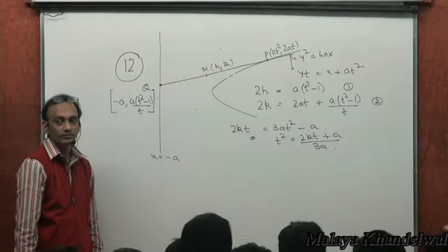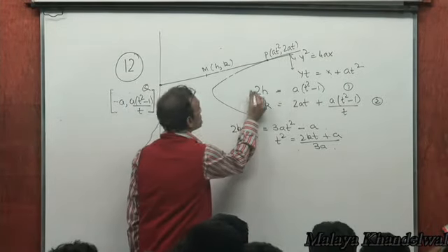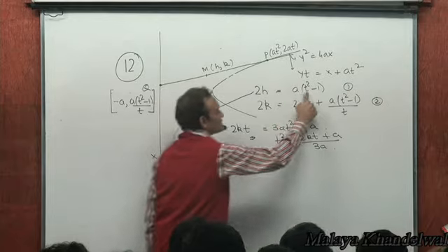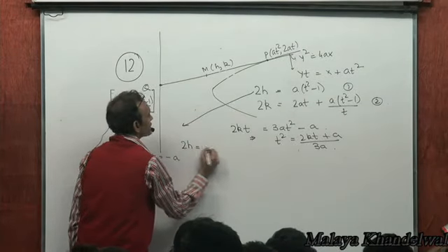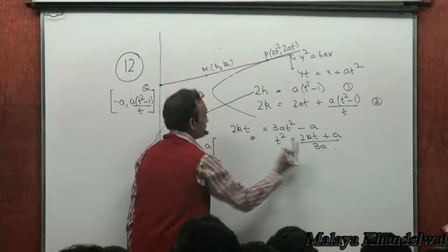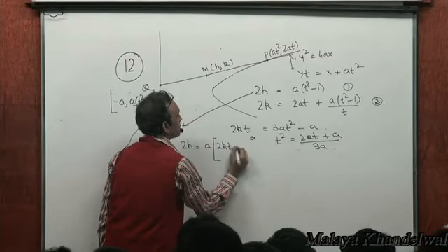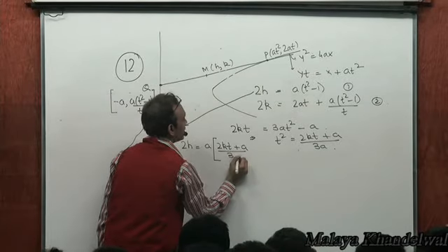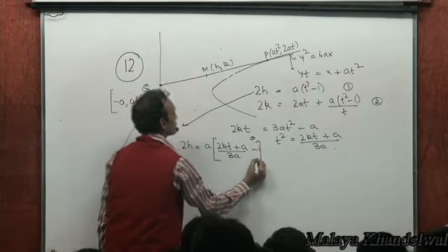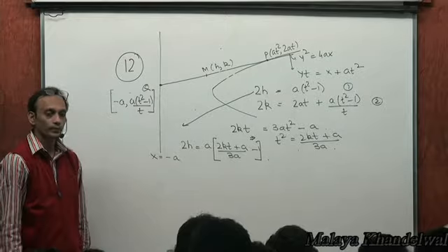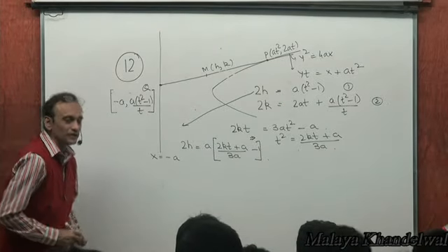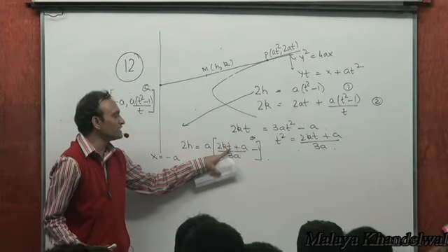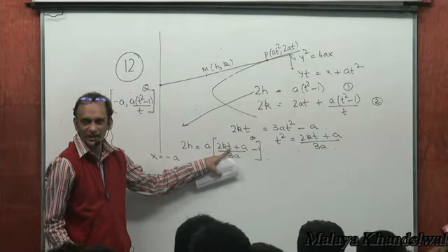Now in this equation, if you replace this t squared by this, then you get 2h is a into t squared, which is 2kt plus a by 3a minus 1. Yes or no? Right? Now all that you need to do is solve for t in terms of h and k from this linear equation.